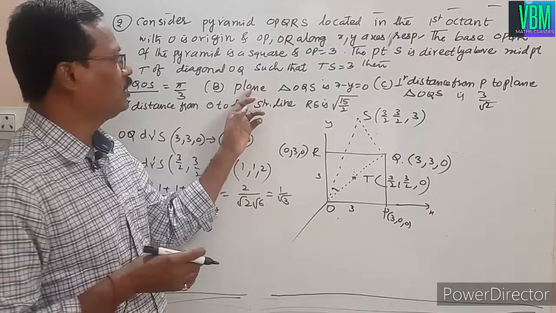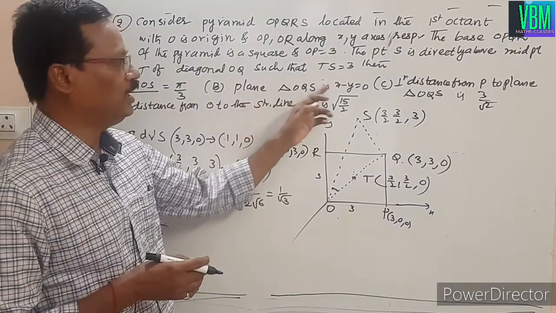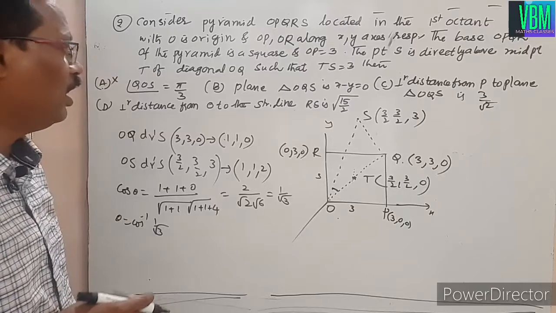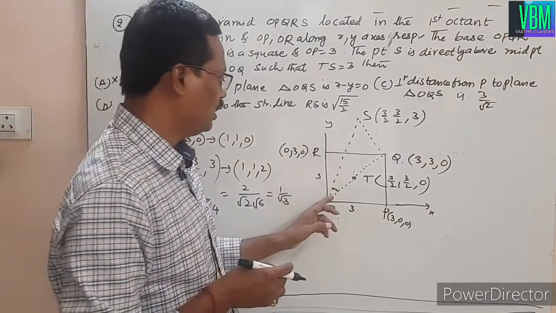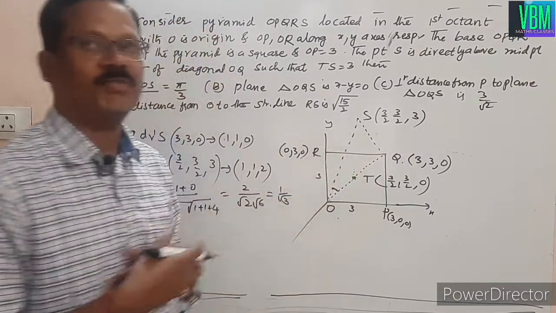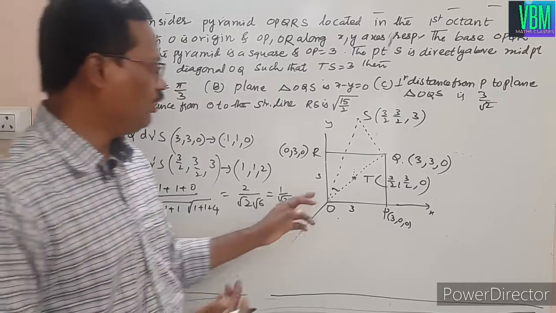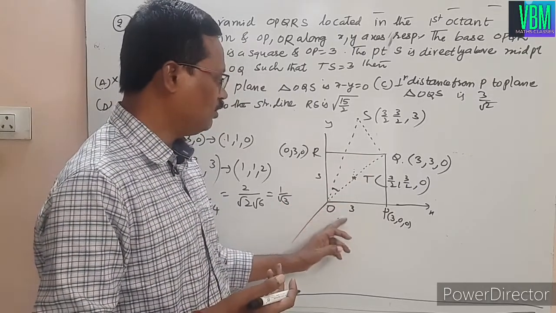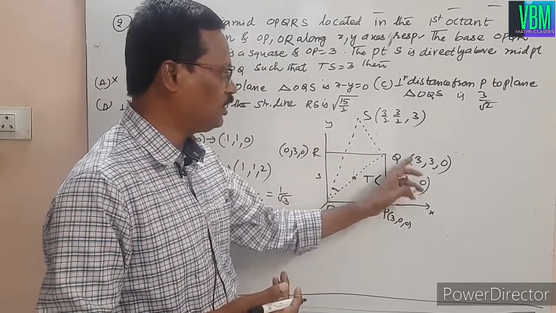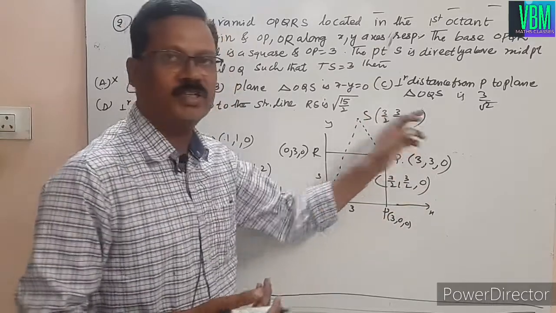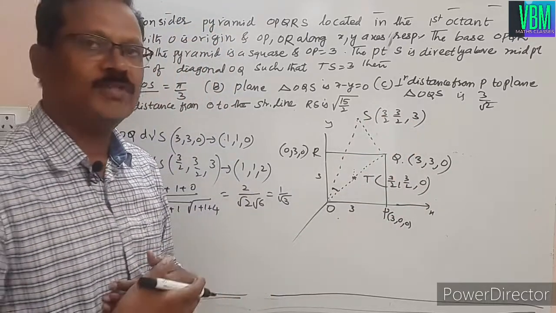The next is the plane OQS is x minus y is equal to 0. How do we find the OQS plane equation? If we know the three points, 0, 0, 0, x1, y1, z1, x2, y2, z2, x3, y3, z3, what about the plane equation?